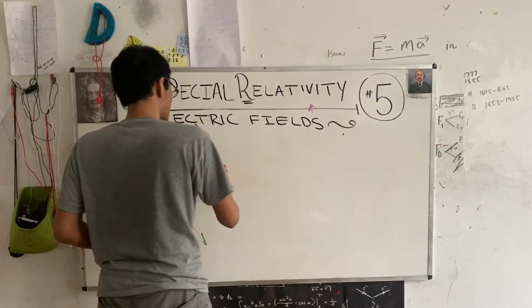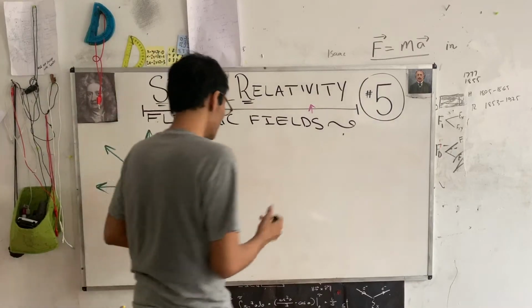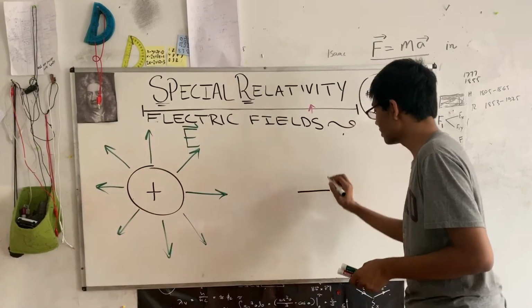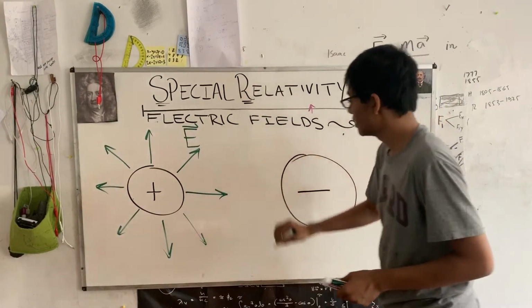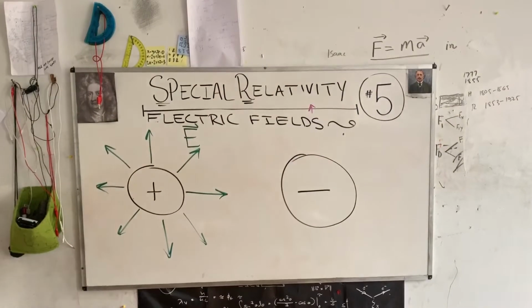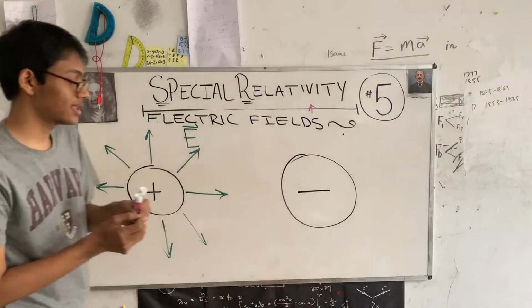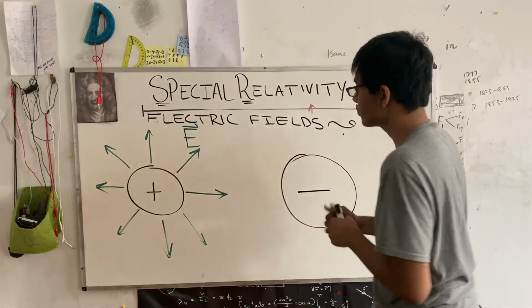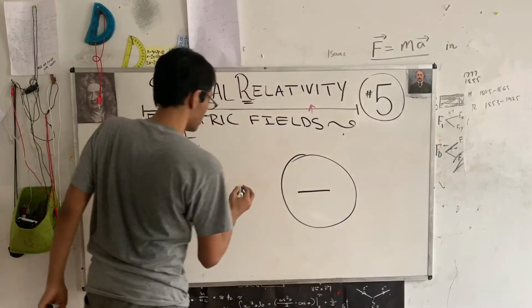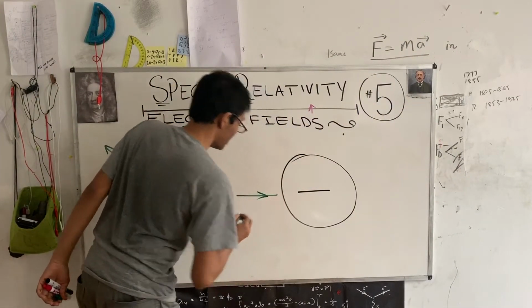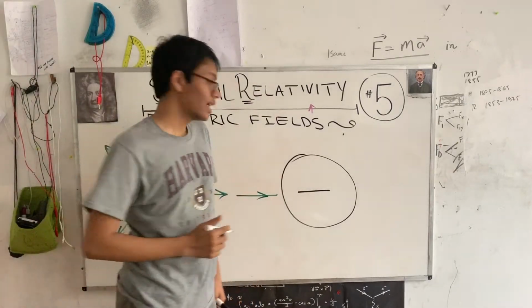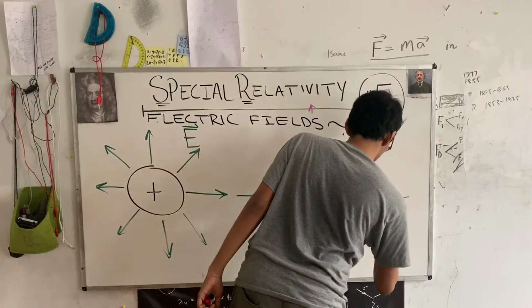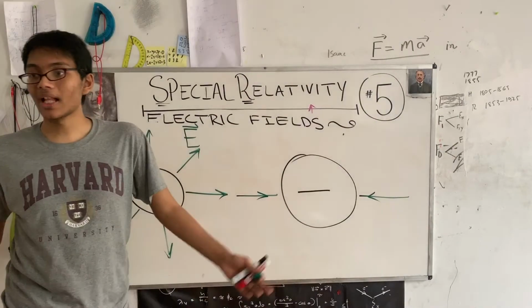What about an electron? Is it much different? Well, let's take a look. Here I have an electron, a negatively charged particle, and what are its field lines going to look like? Well, unlike the proton, these field lines are actually going to go inwards. Okay? And I'm assuming, of course, that I have a positive test charge, for example, alpha particles.